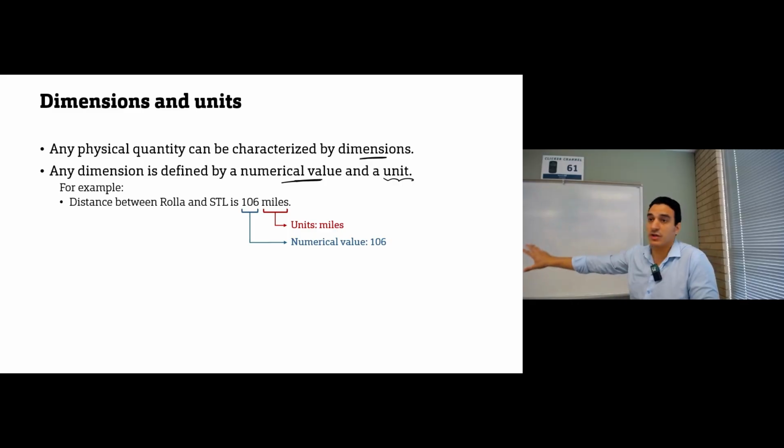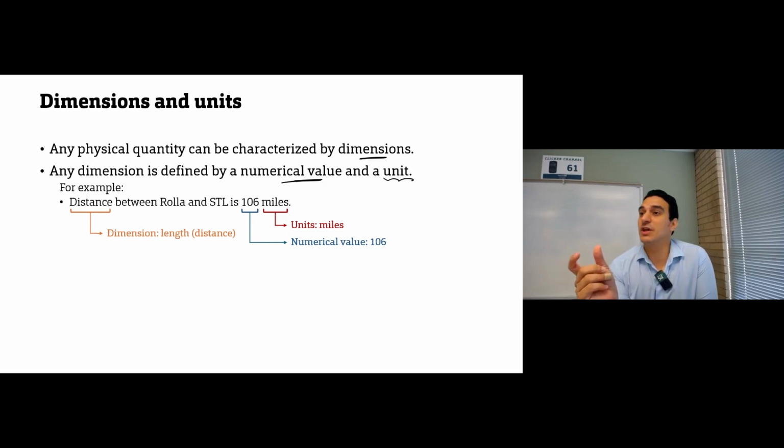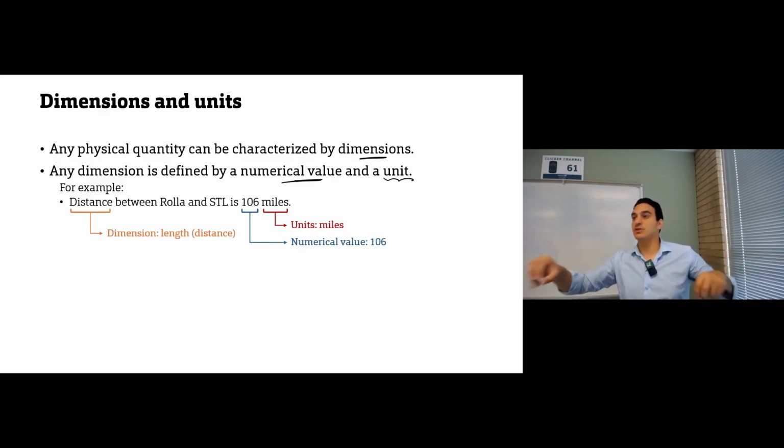This is the unit, this is the numerical value, and the distance is the dimension we are measuring. Distance is the dimension of length. So when I tell you the distance is 106 miles, I'm telling you the length between 2 points, 2 cities, is 106. This is the numerical value, and the unit of this number is miles.